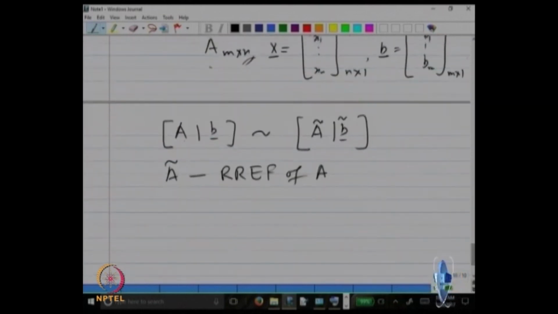Okay. And we said the system is inconsistent if what happens? If there is a row in the part of A which is 0 and there is a non-zero constant coming in B, right. Now, if I look at the bigger matrix A and B, A has already been reduced to row echelon form or reduced row echelon form, and B has changed to something.